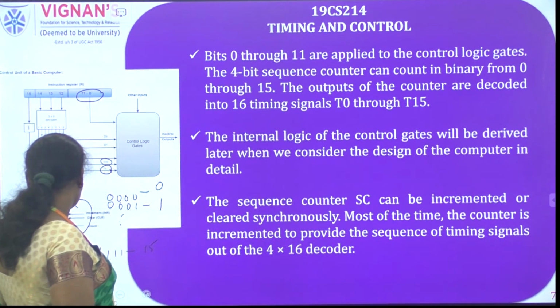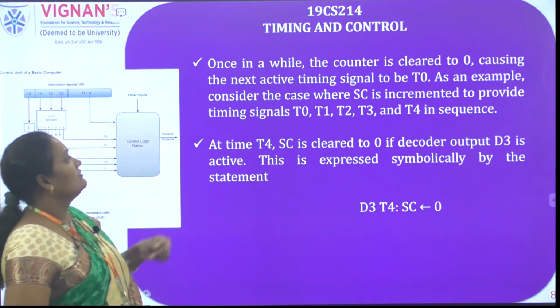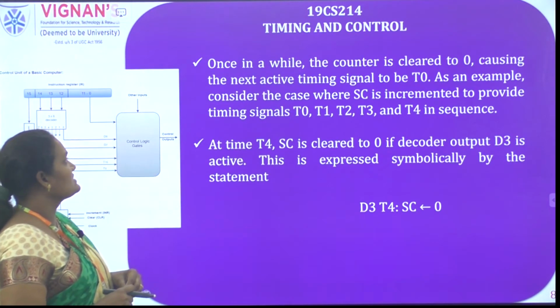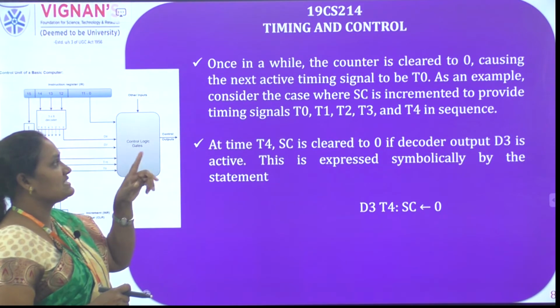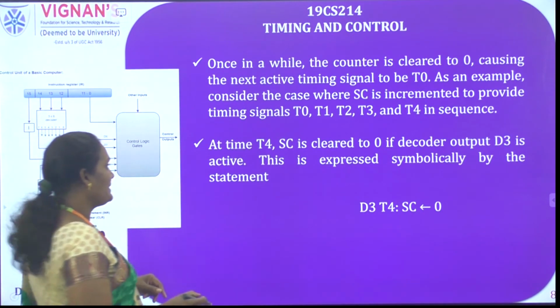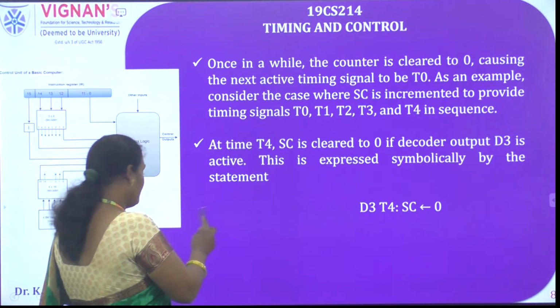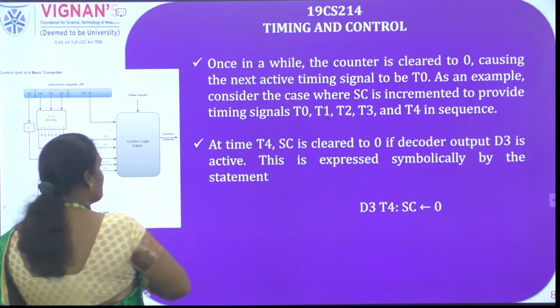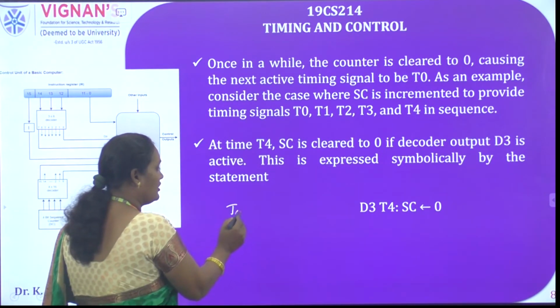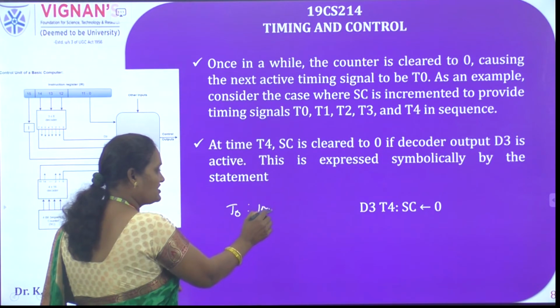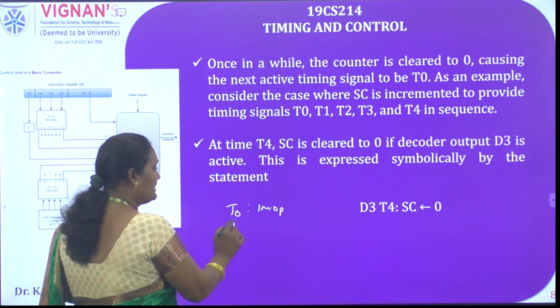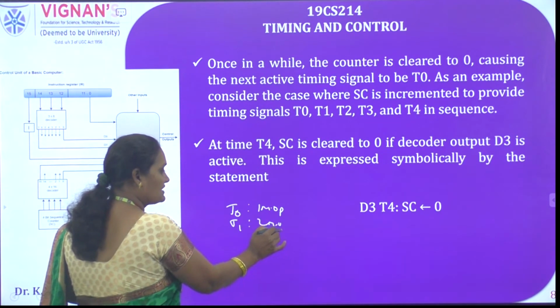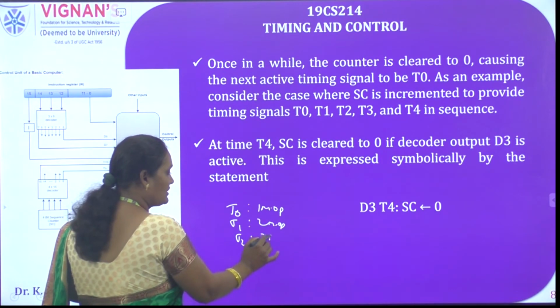Okay, right. Now, once in a while, the counter is cleared to 0, causing the next active timing signal to be T0. Suppose, for example, I am executing an instruction. While the instruction is in execution, first at T0 time, I did one micro operation. At T1 time, I did the second micro operation. At T2 time, I did the third micro operation.